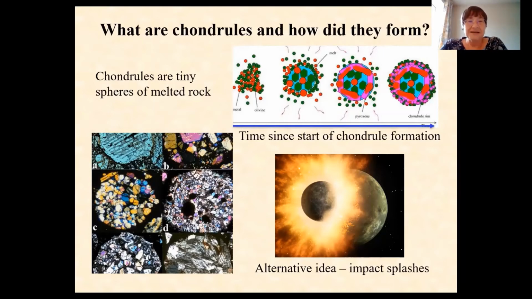And that may be one way in which chondrules are formed, because those impact splashes will also be spherical. They may crystallize, and they may also form glass. So that's a new way to form chondrules, and at the moment it's a subject of lively debate.